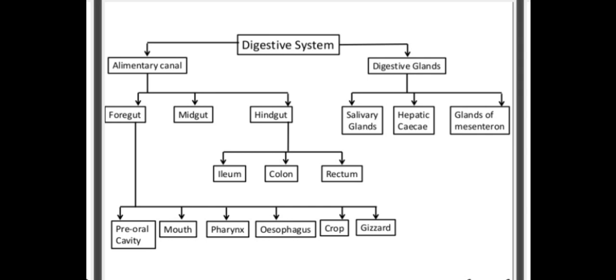For the digestion of carbohydrates, enzymes like amylase, maltase, and lactase are secreted. For digestion of fat, lipase enzyme is secreted.